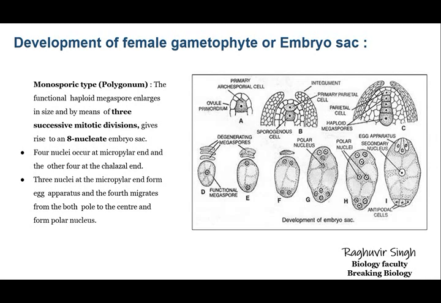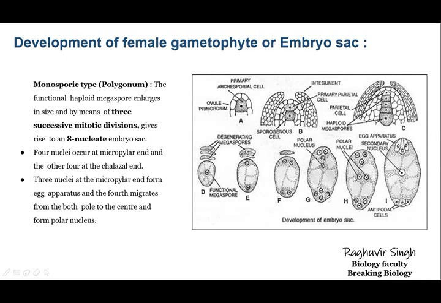So basically before fertilization, a 7-celled, 8-nucleate structure is formed, and this structure is called the embryo sac. The 3 nuclei at this pole get surrounded by cytoplasm to form 3 cells, and the 3 nuclei at the other pole form 3 cells, that is 6 cells containing 6 nuclei.